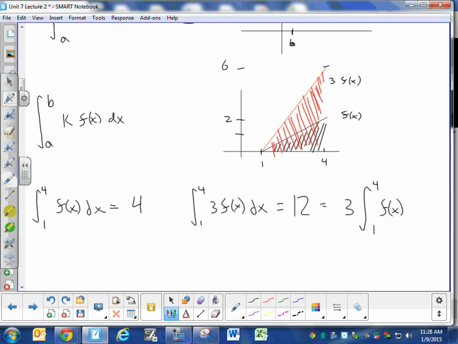Seems obvious enough, and it is for this one. So this property, if you have a constant times a function, you could just pull out the constant and find the area of the function. This is our next property.